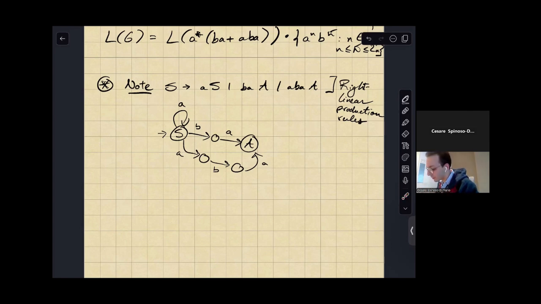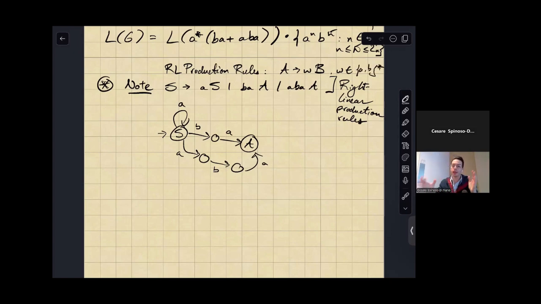As soon as you introduce something that's not right linear... Right linear production rules look like A gives you some string W and then B, where A is a single variable, B is a single variable, and W is some string of terminals.